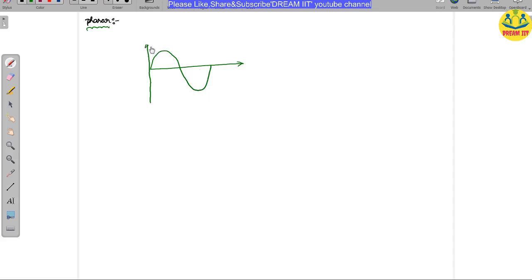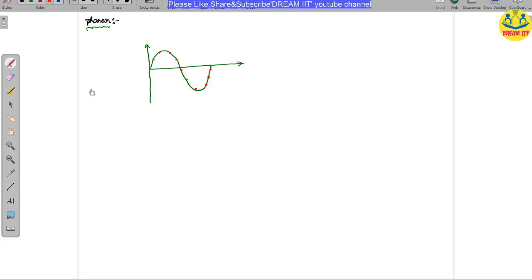That is what I have defined: alternating quantities have different values at different points of time. But to represent the accurate value of sinusoidal or alternating quantities, we require a tool, that is a phasor.